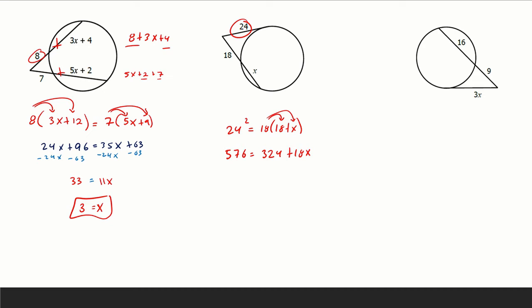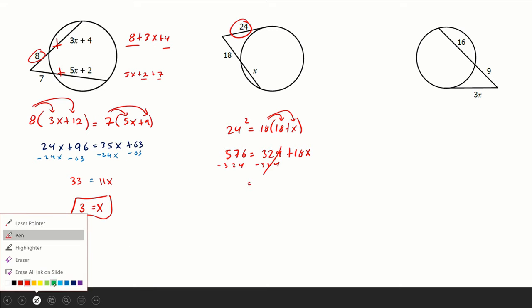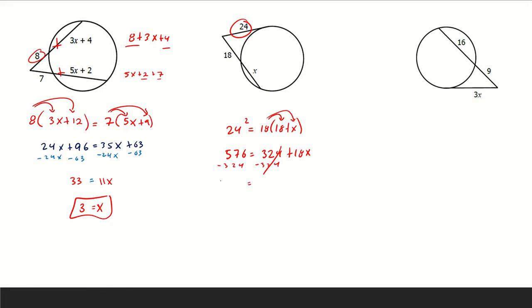And so to solve for x here, we are going to subtract 324 from both sides. On the left side, we end up with 252. The right side, we're left with 18x, and that's going to give us x is equal to 252 divided by 18, which is 14.